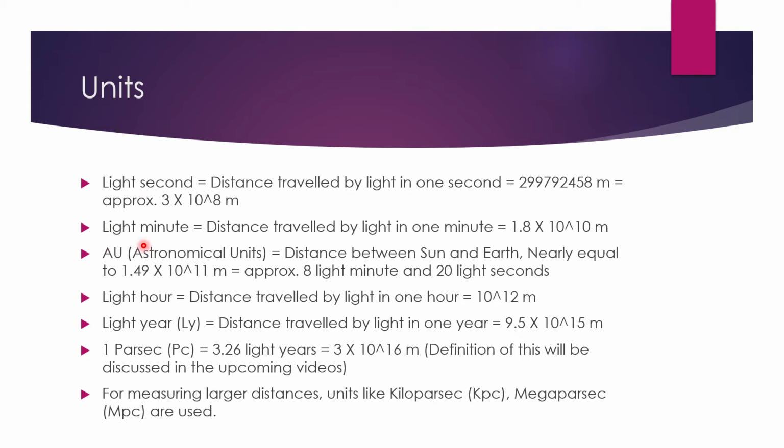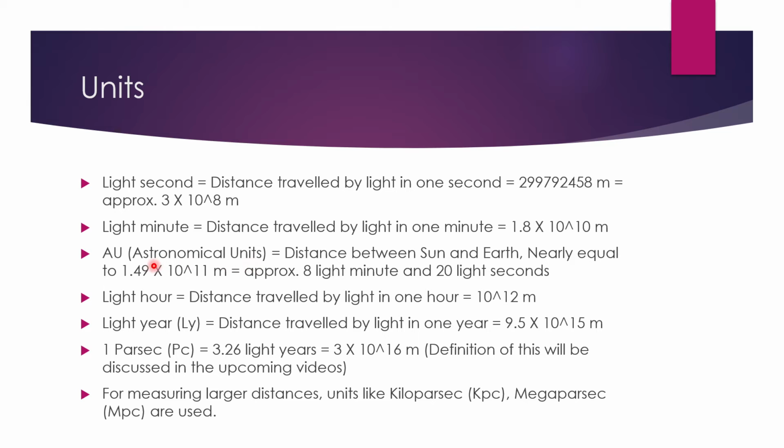Now, 1 light minute is the distance traveled by light in 1 minute, which is approximately equal to 3 into 10 power 8 into 60, which is equal to 1.8 into 10 power 10 meters. One astronomical unit, or AU for short. Here do not confuse astronomical units with angstrom units. Angstrom units are a totally different unit than the astronomical unit, and are used to represent totally different objects and totally different distances.